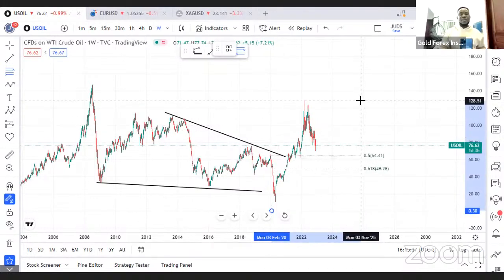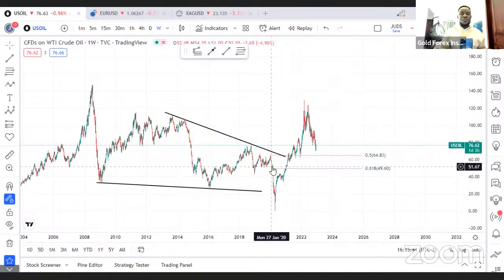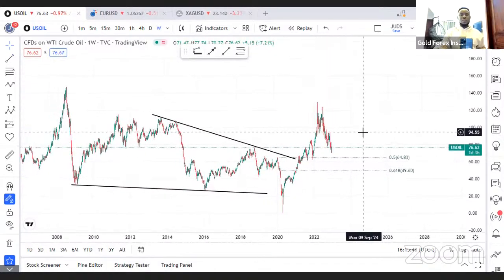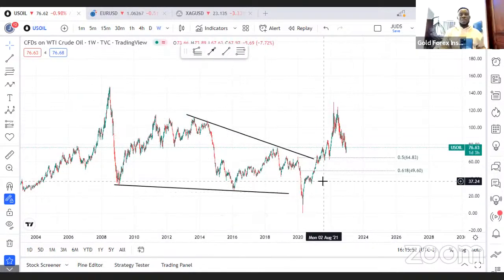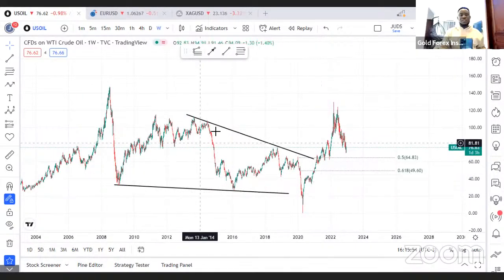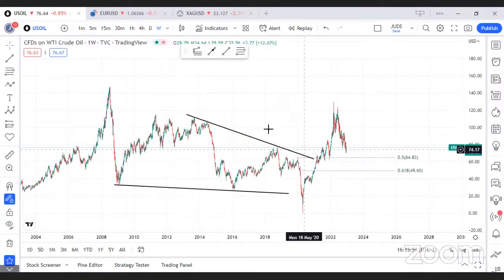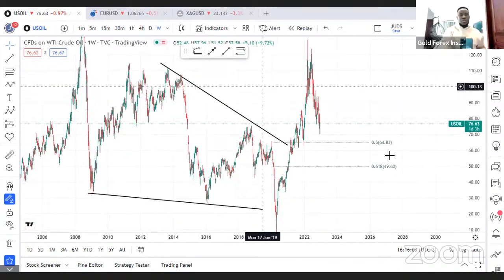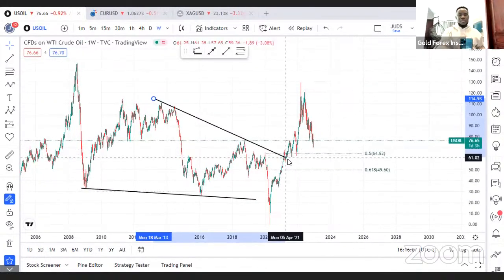So it's like A, B, C. The B formed a flat correction. It formed a complex, like a running flat correction. So the B formed A, B, C.